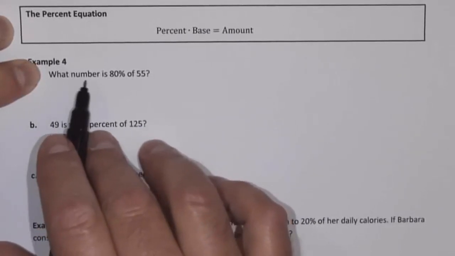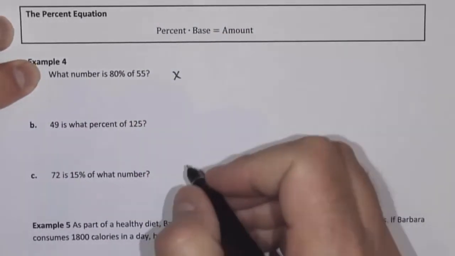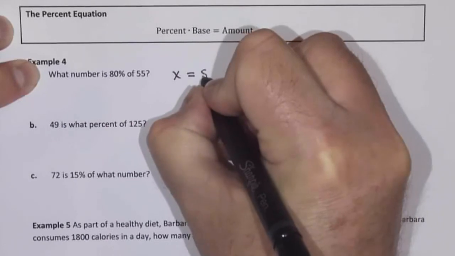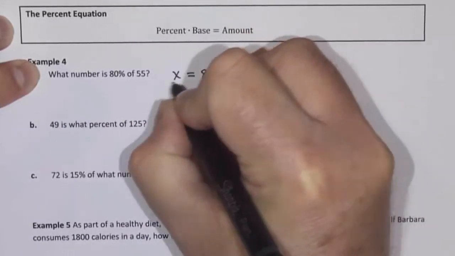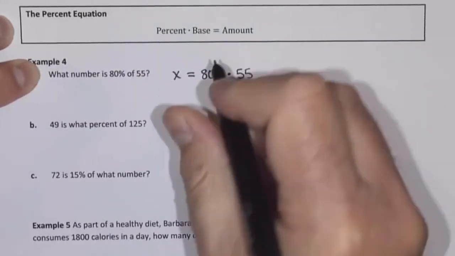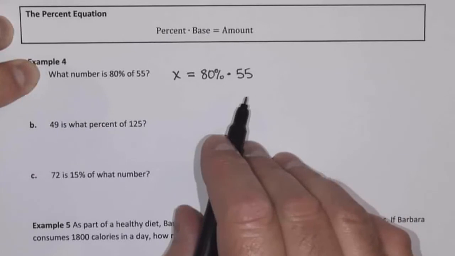What number is 80% of 55? The "what number" is what we're looking for. So what number, call that x, equals 80% of, and "of" means times, 55.